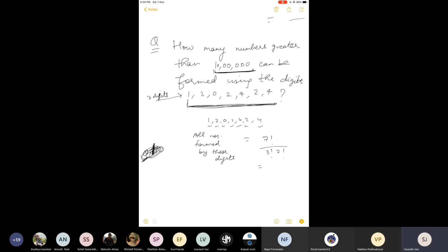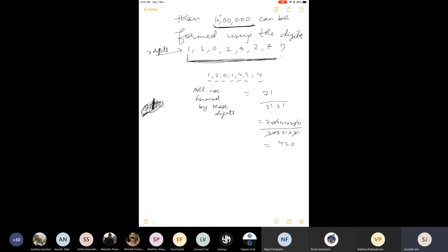This is 7, 6, 5, 4, 3, 2, 1 in the numerator, and in the denominator 3, 2, 1 into 2. Let us cancel it. So this gets cancelled, this gets cancelled, and the number will be 35 into 4, that is 140, 140 into 3, that will be 420. Alright, so these are the total number of numbers.